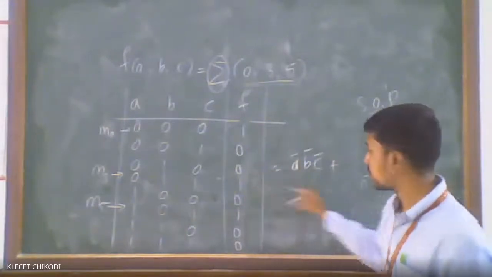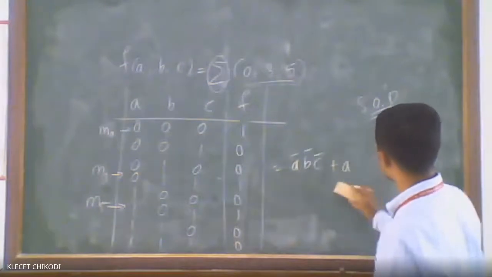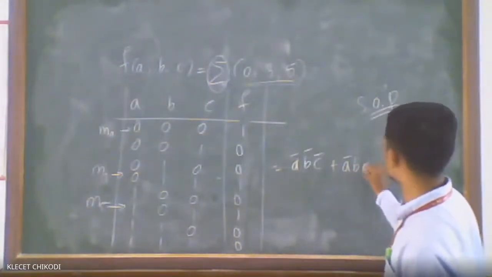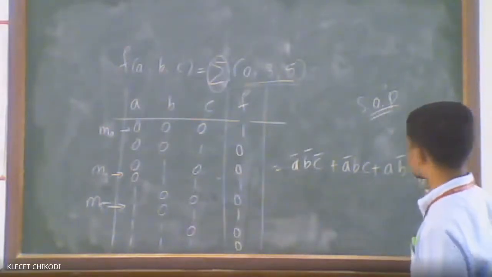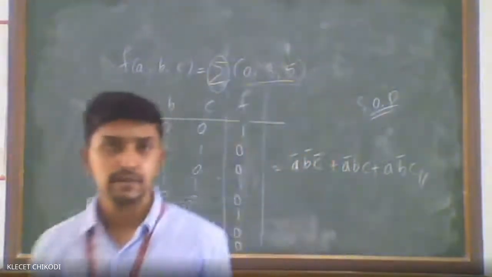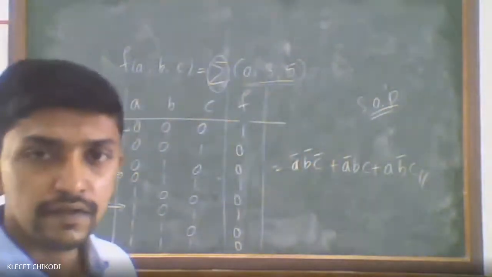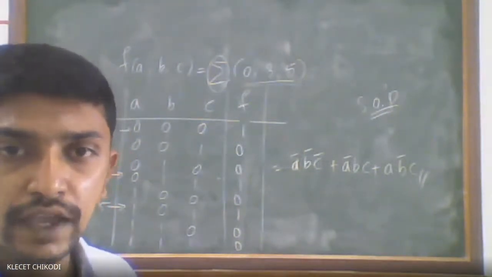Again for m3 it will be a bar b c plus, for m5 it is a b bar c. Okay, is it clear for all? Any doubts in that?